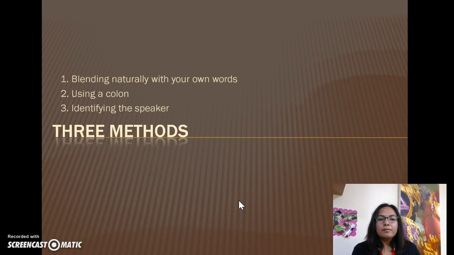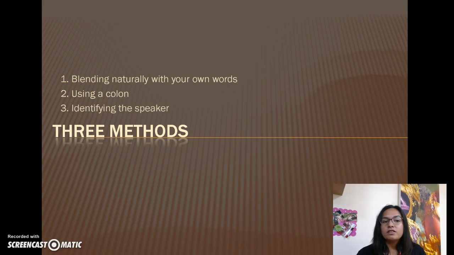So I technically show you three methods. Now there are some variations of the methods, and some people say there are 5 or 6 different ways, but they really all fall under these 3 categories. And so the 3 methods are: 1, blend naturally with your own words, and there are a couple of versions of doing that. 2, using a colon, and the colon is a very easy method, but it should be used only sparingly.